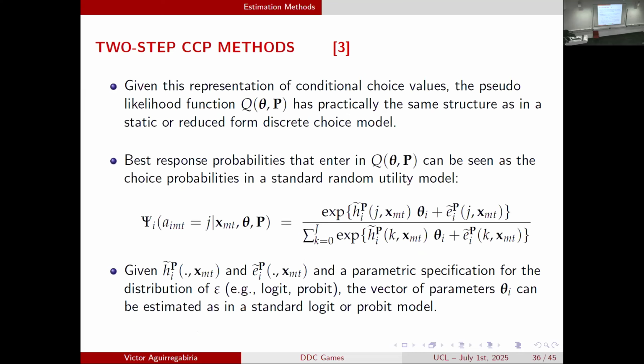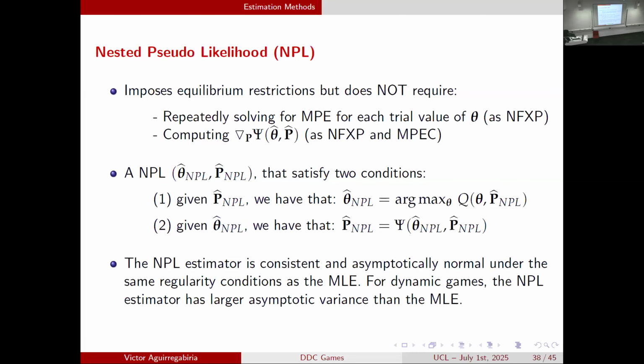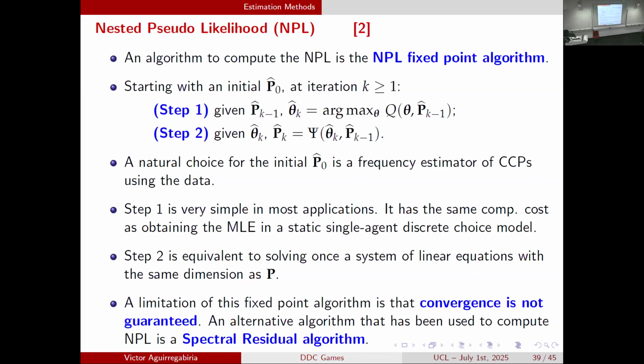Okay, and then the question is, how do we implement this MPL estimator, and why is it going to be computationally cheaper than nested fixed point? One very simple way of implementing this estimator is applying recursively the two-stage estimator.